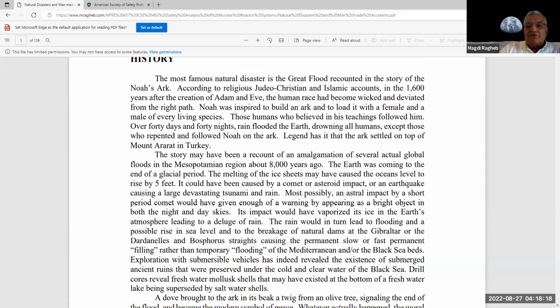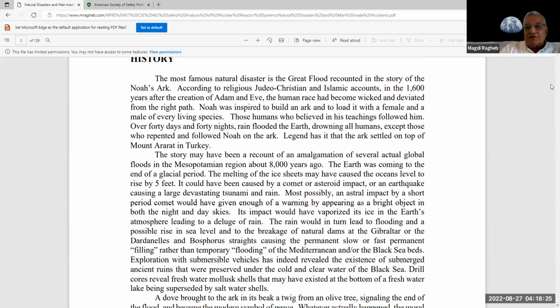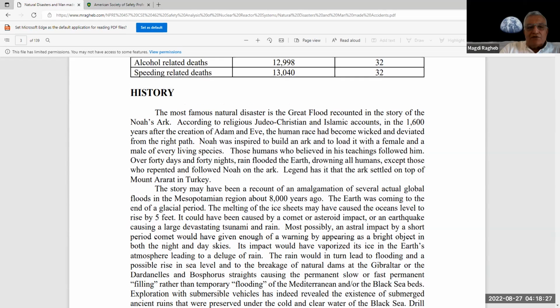There is a history of the accidents at natural events. Now we are going to concentrate on natural events. It goes back all the way to history. If you go back to history in the legends and history of different nations in the world, you usually come to the Great Flood.